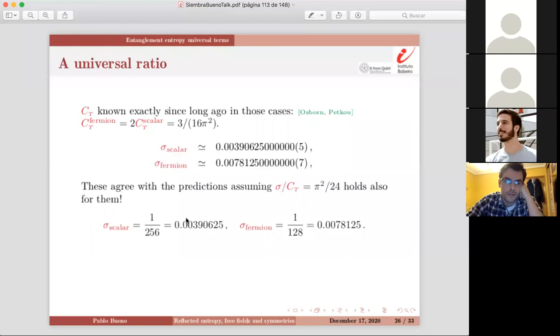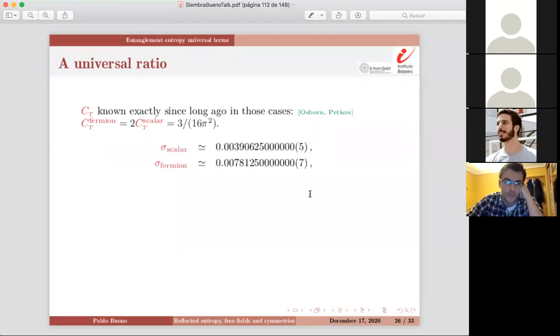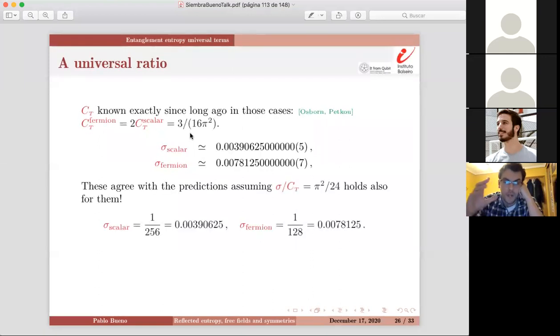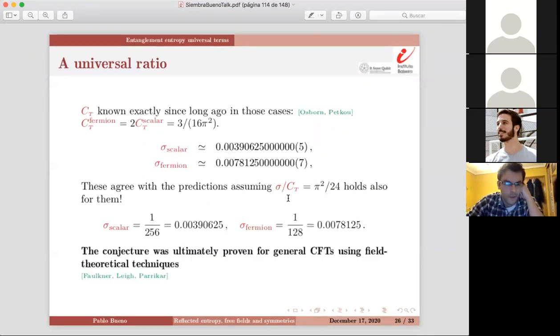And if you do that, you see that the result precisely agrees with what you would expect in case you trusted our conjecture to be valid for general theories. And later on, Elbang and Antonis proved that these crazy integrals actually give you what our predictions from higher curvature gravities say, namely that for the scalar this is 1/256, and for the fermion is 1/128.